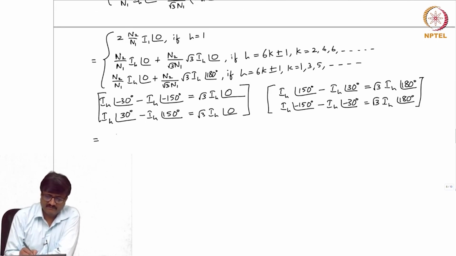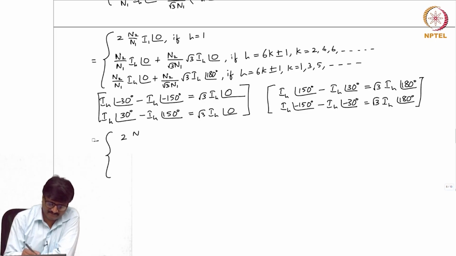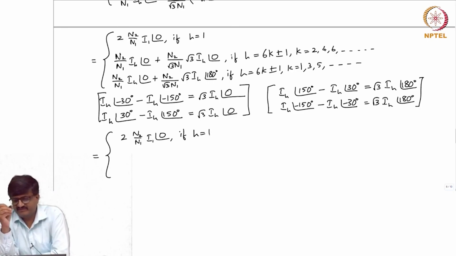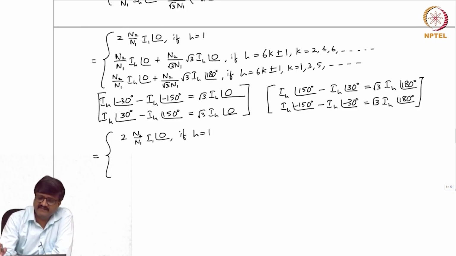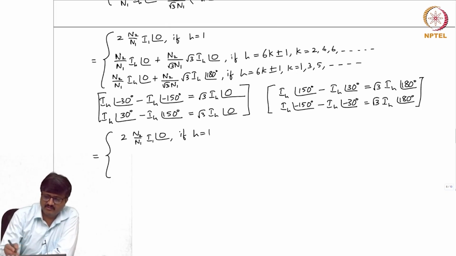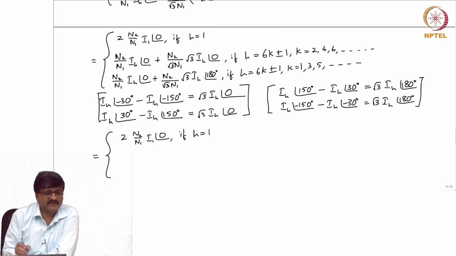So, we have come to the last step: 2 times N2 by N1 into I1 at an angle 0 for the fundamental, if H is equal to 1. Now, if H is equal to 6k plus minus 1 and k is an even integer, then what is the simplification? You see that root 3 in the second term in the numerator and denominator gets cancelled.